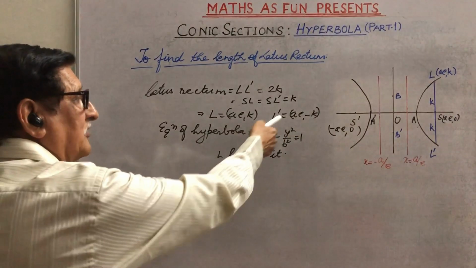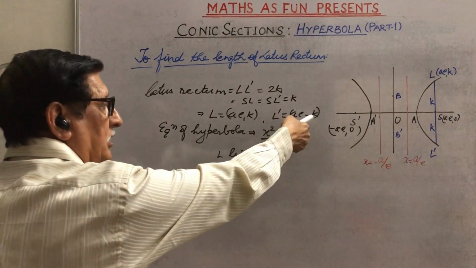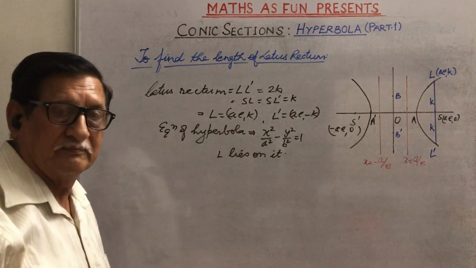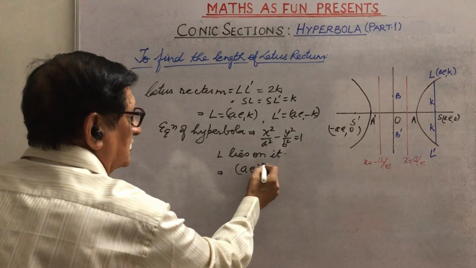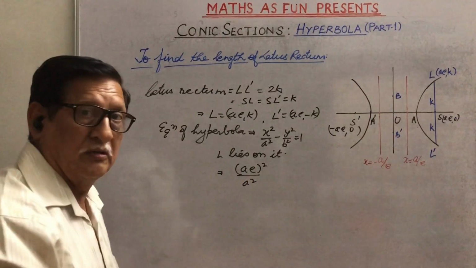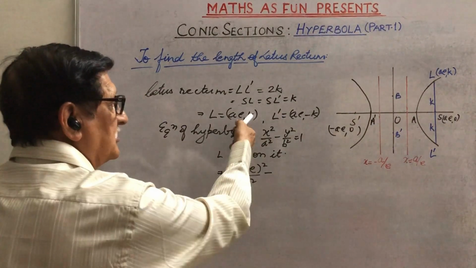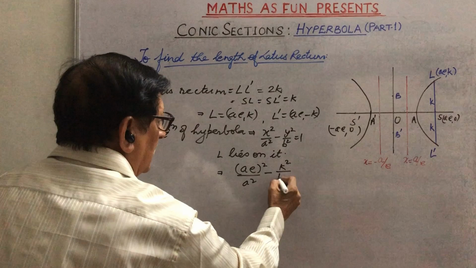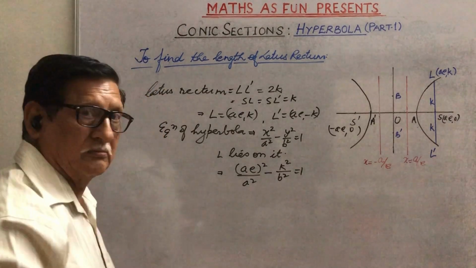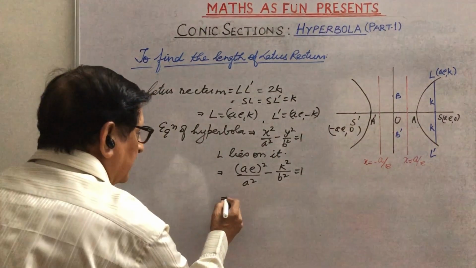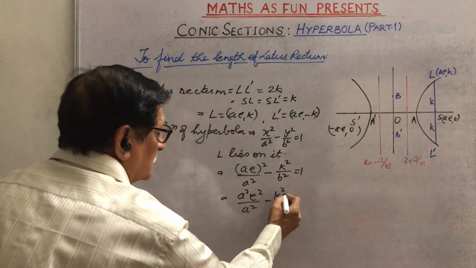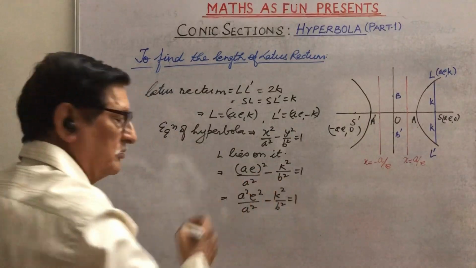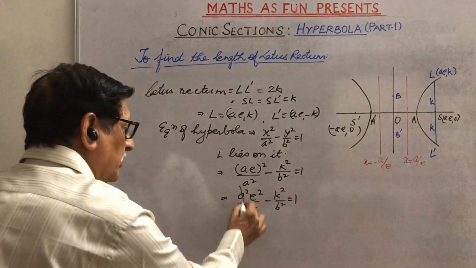If we substitute the value of x and y as ae and k here, we get ae whole square upon a square minus k square upon b square is equal to 1. Are we getting a square e square upon a square minus k square upon b square is equal to 1? This a square and a square cancel.